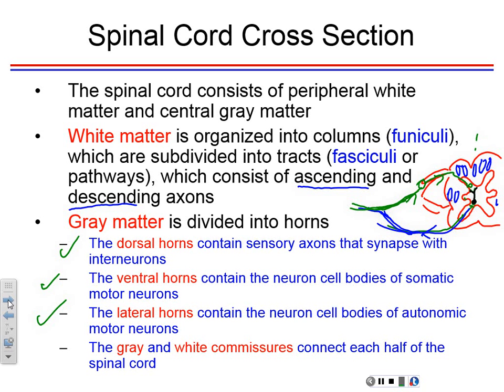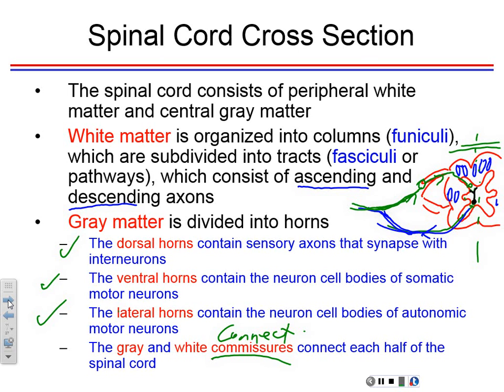So this half here will be connected by those commissures that crisscross from one to the next. Okay? So commissure is to connect. Okay, so I want you to know these horns and what kind of cell body they have, what the purpose of the cell bodies is. Okay, and then of course you know white matter and the gray matter, and then the ascending and descending tracts going to and from the brain.